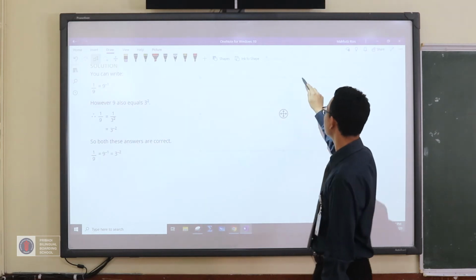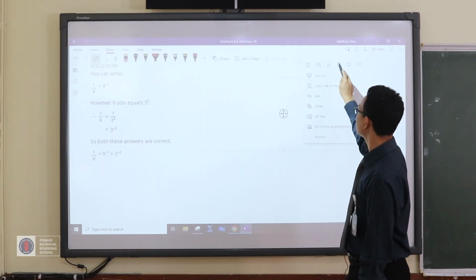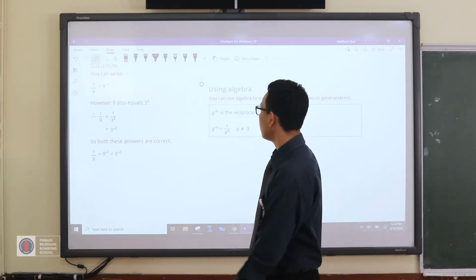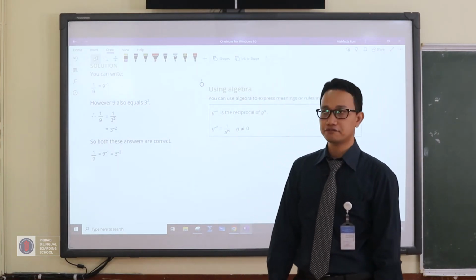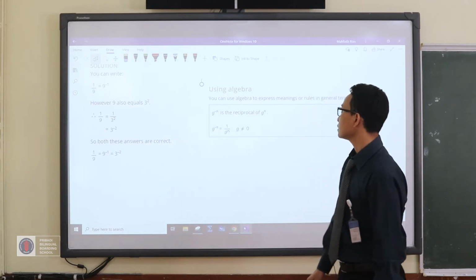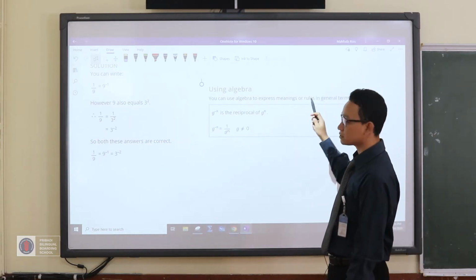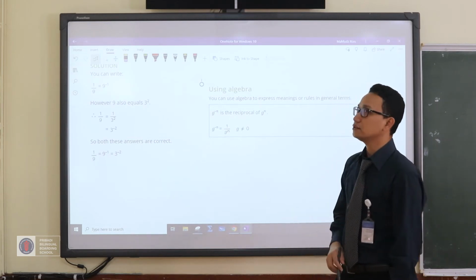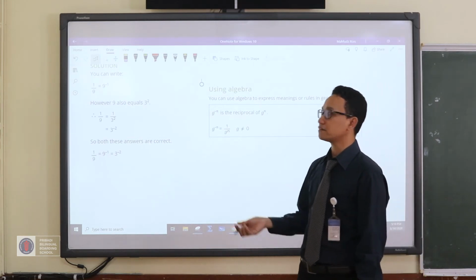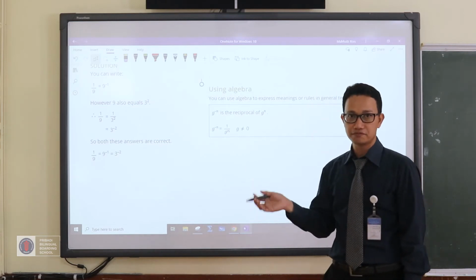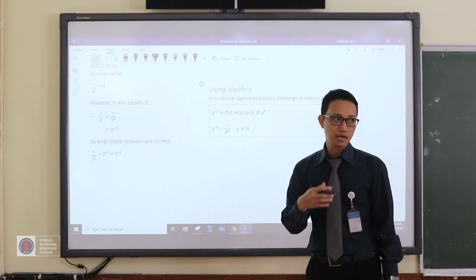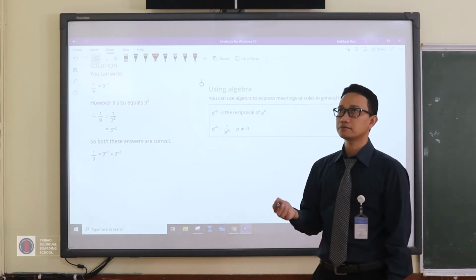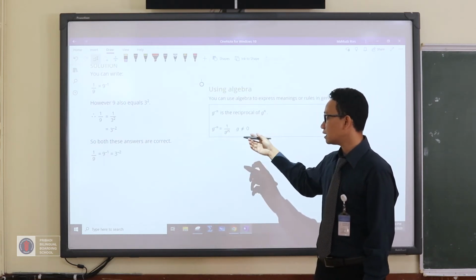Now, how can we use negative indices in algebra? You can use algebra to express meanings or rules in general terms. In algebra you need to define the variable correctly.